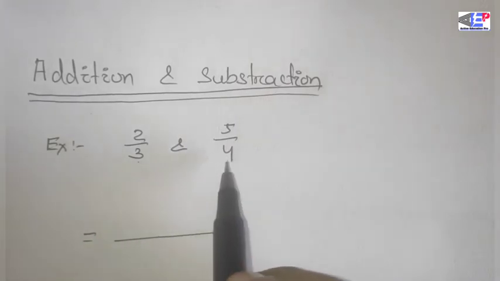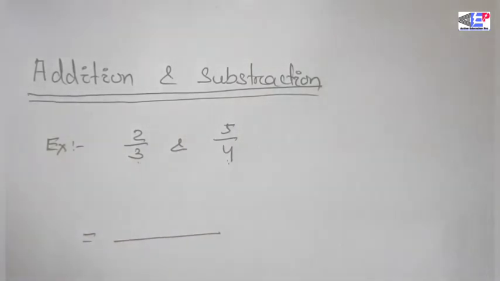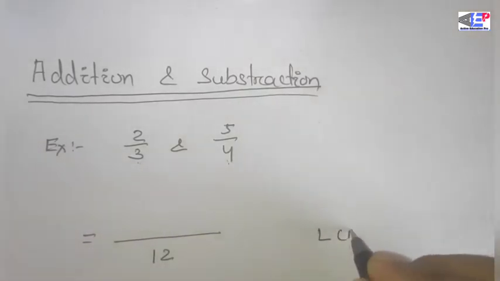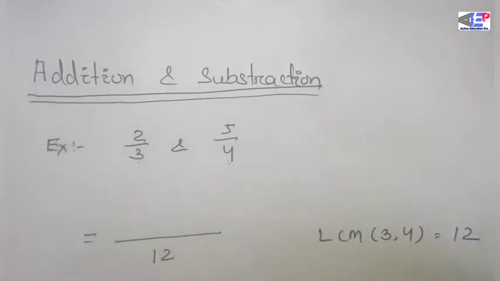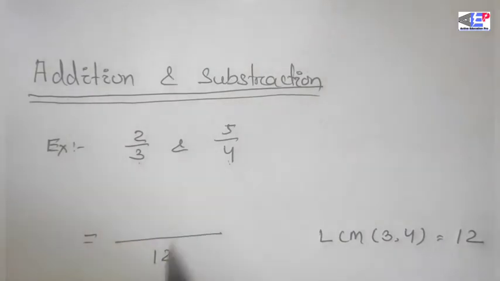The LCM of 3 and 4 is 12. LCM stands for least common multiple. The least common multiple of 3 and 4 is 12.